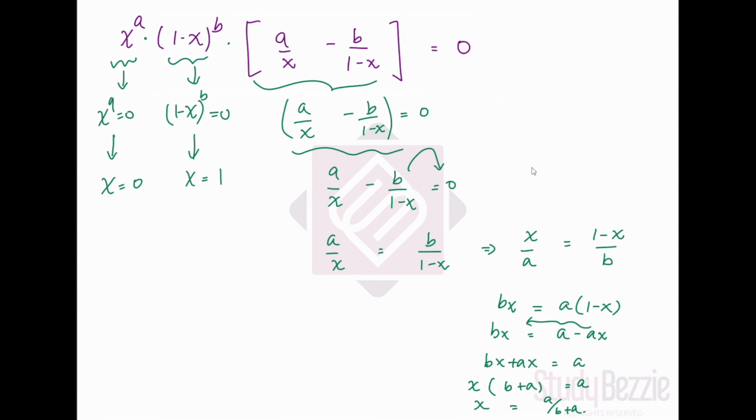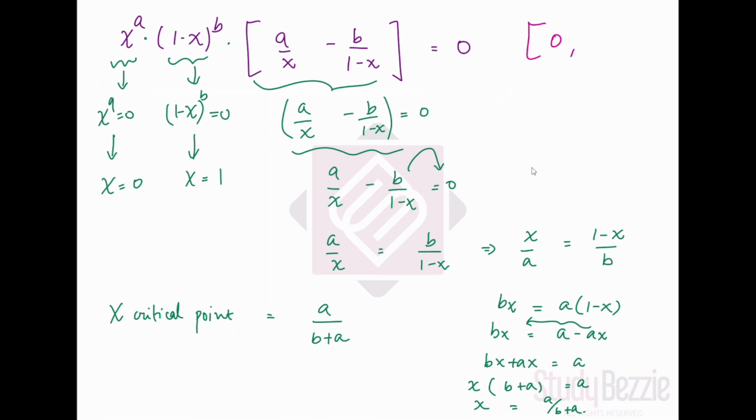Now, this would be a critical point. This is going to be my candidate for a critical point. But I have to make sure, conceptually speaking, that this critical point is going to be in my domain of interest. Because if it's not there, then there's no point in considering this. So how do you know if this is going to fall into the domain that was given to us?